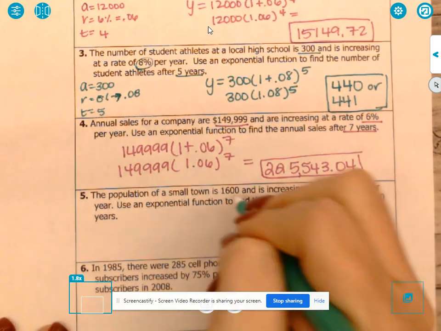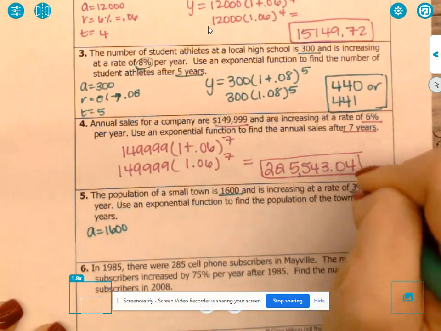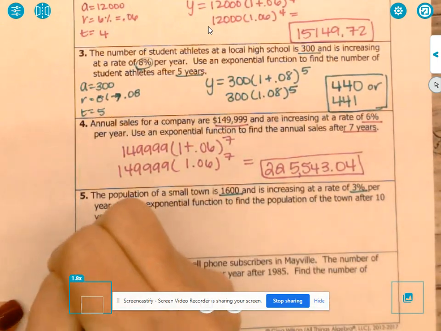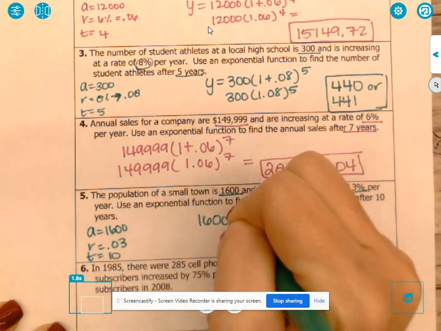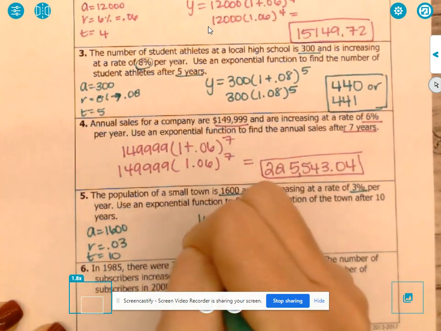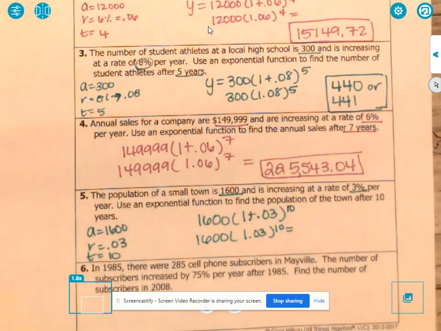All right. Let's keep rolling on growth. Population of a small town is 1,600, so that's our A. Okay, 3%, so that's going to be 0.03, and our time is 10 years, and plug it in. So 1,600 times (1 plus 0.03) to the 10th.